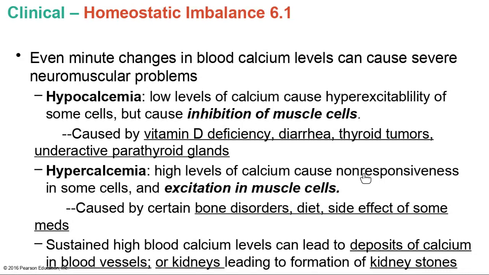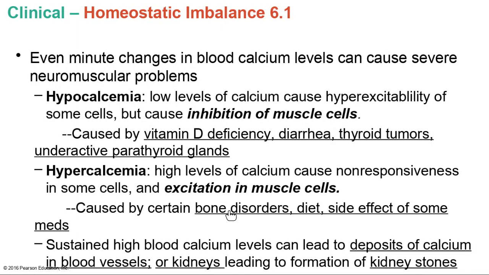It can cause underactivity in some cells, but it depends on the cell type, and on the exchange of other positively charged ions in and out of that cell to make it excitable or not excitable. But that's a more complicated topic. What I would like for you to know is that hypercalcemia is associated with excitation, especially in muscle cells.